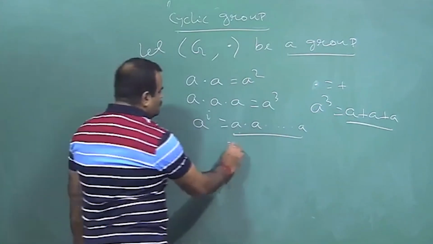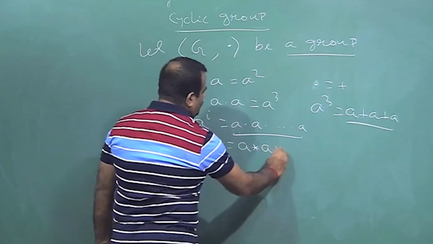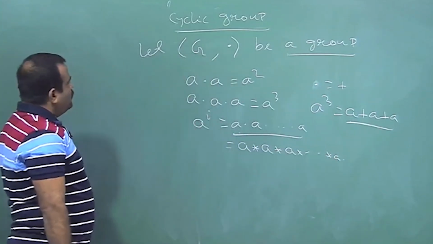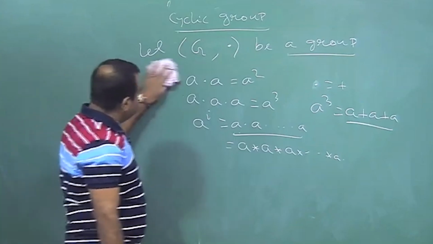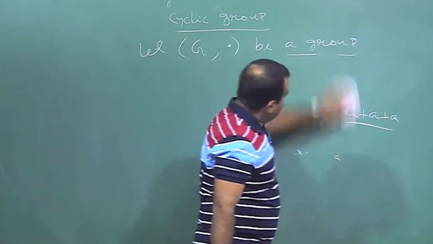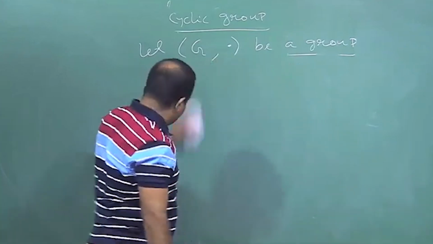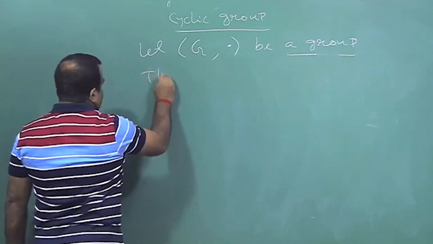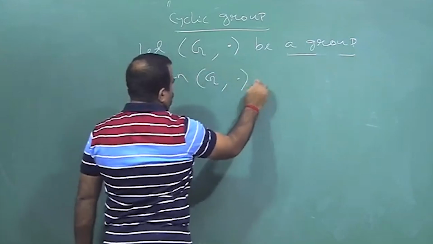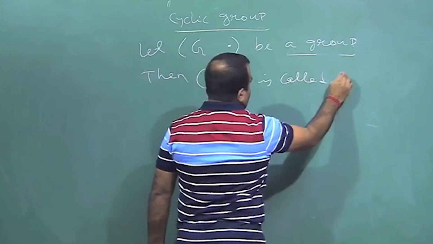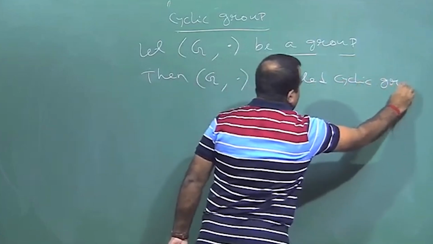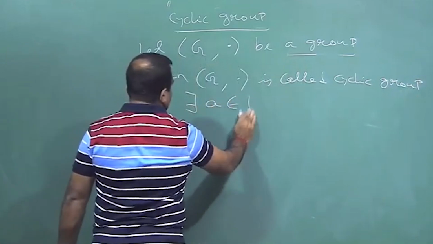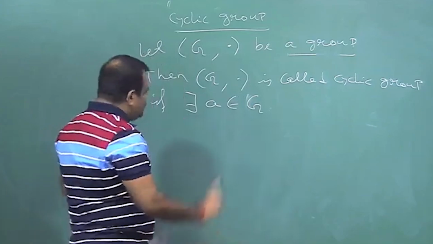In general, the operator could be star. Okay. So, we call a group a cyclic group if there exists an element, called the primitive element or generator of the group, such that it generates the group.